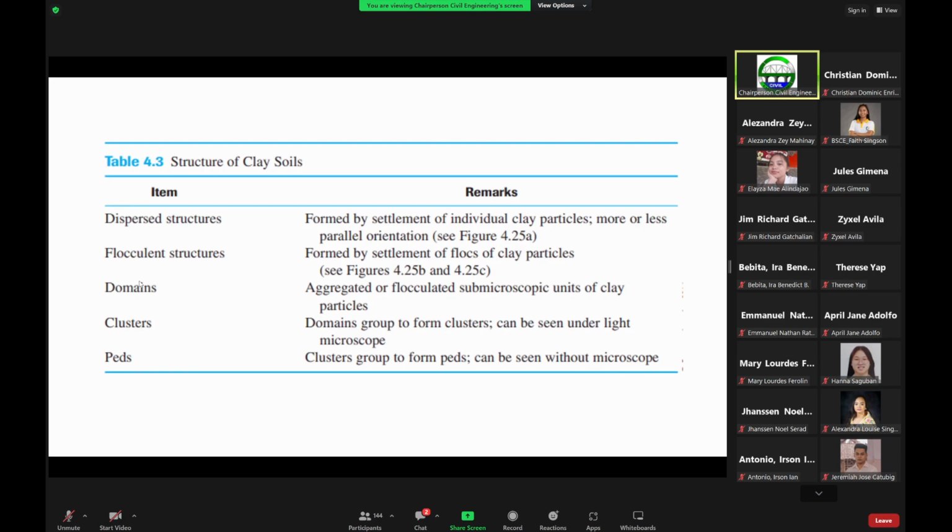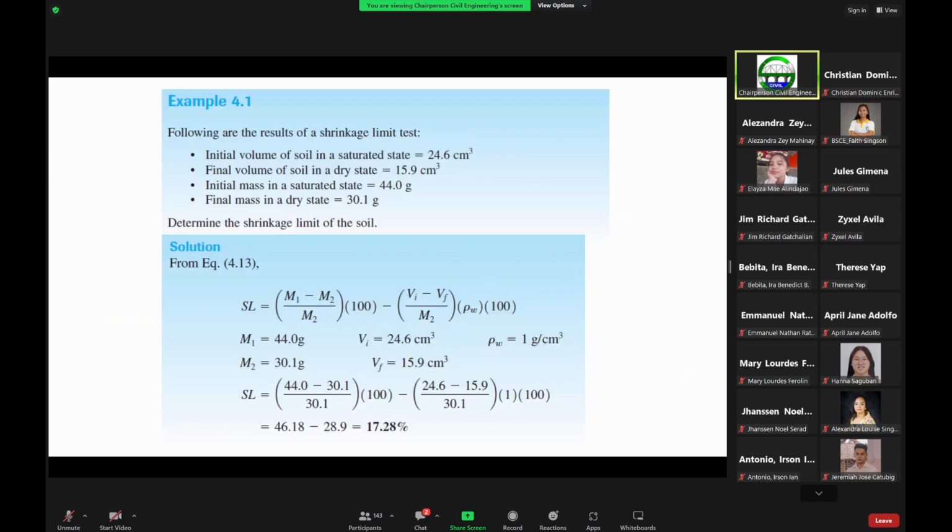And then clusters group to form peds, which can be seen even without a microscope. So I guess that's it.